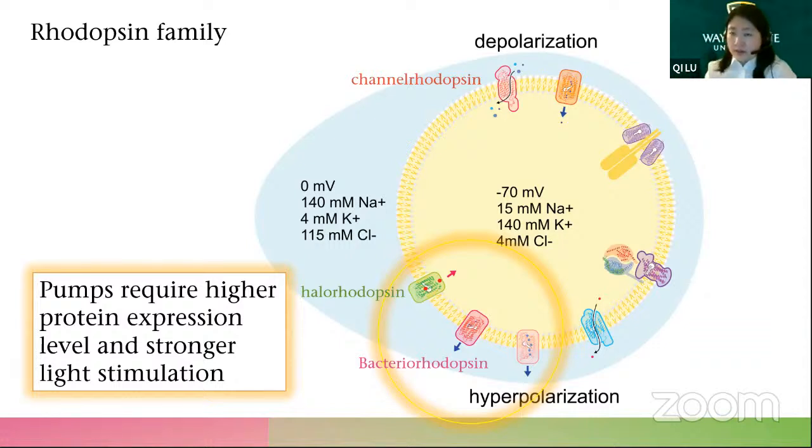All of these proteins are included in the rhodopsin family. Of course, this also includes human rhodopsin, which is a G protein coupled receptor.